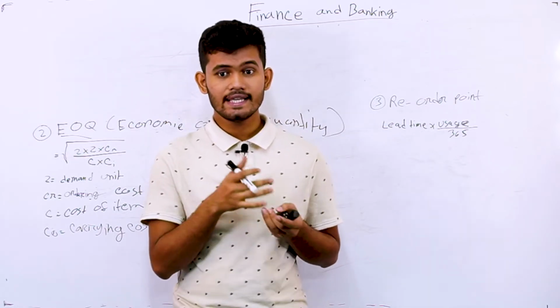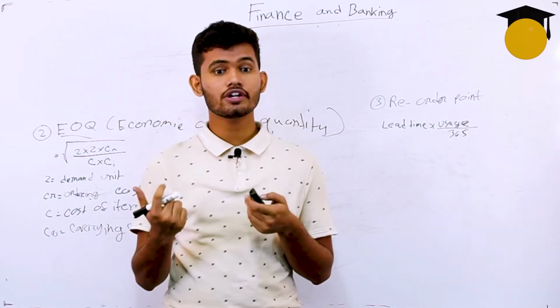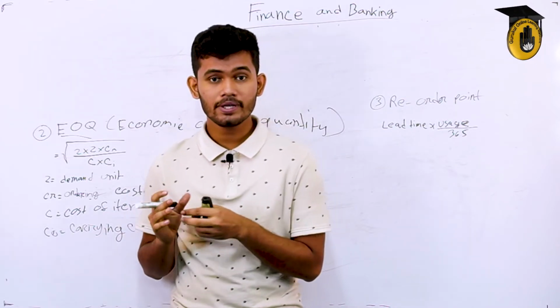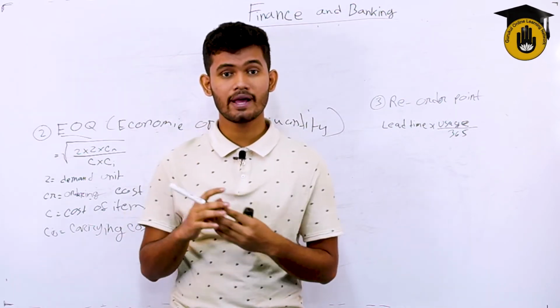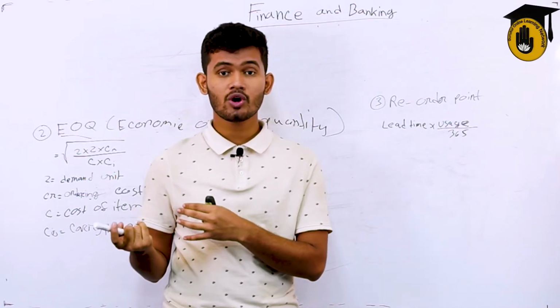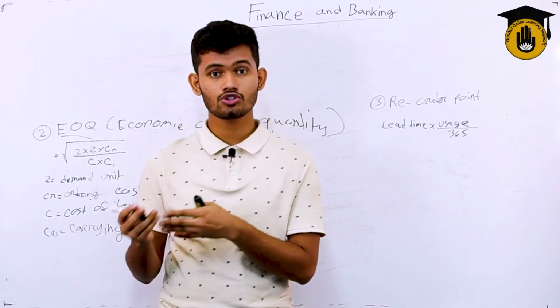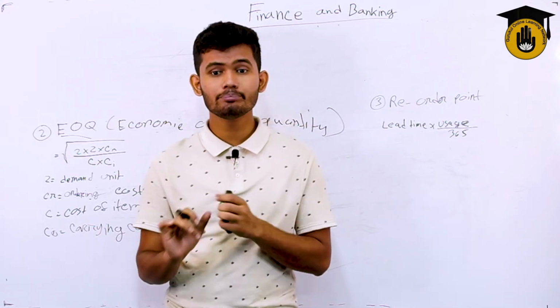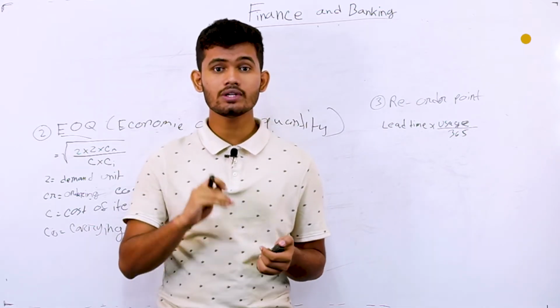It is the optimum order quantity that will minimize the total inventory cost. If how much to order or produce gets mixed up, our inventory cost will touch the sky.